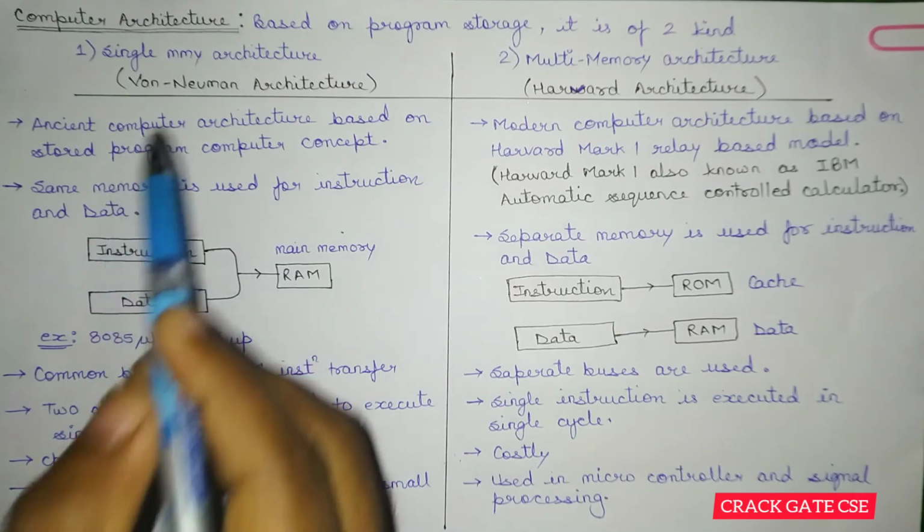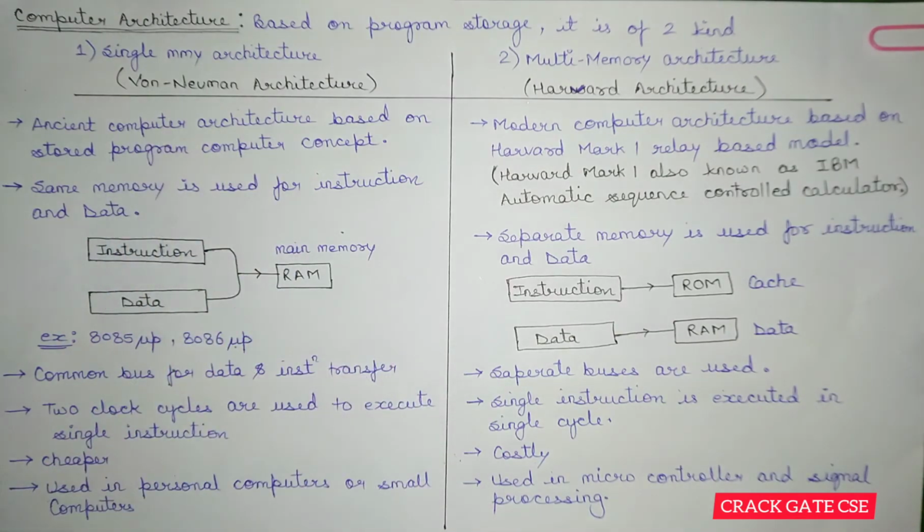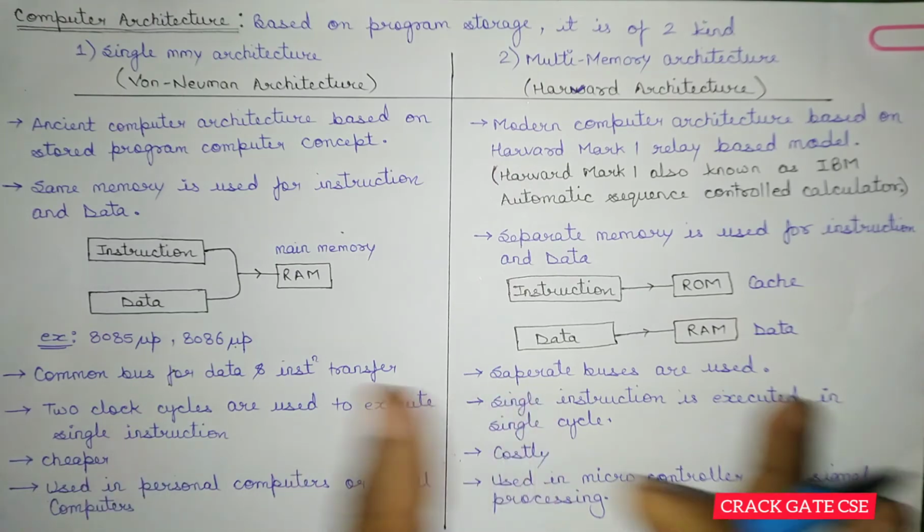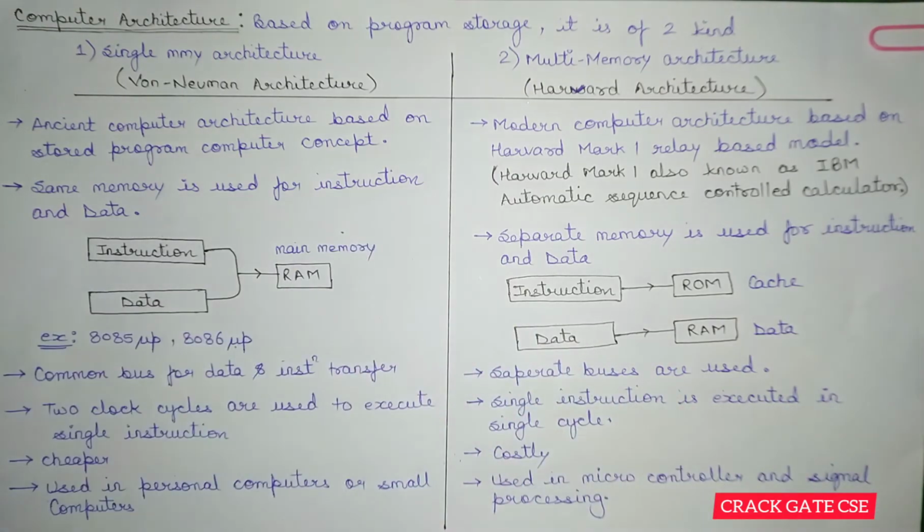To execute in von Neumann architecture, one instruction can take up to 2 clock cycles. The execution of a single instruction can take up to 2 cycles, whereas in Harvard architecture, a single instruction is executed in a single cycle. So you can see that this is comparatively better in terms of performance than the von Neumann architecture.